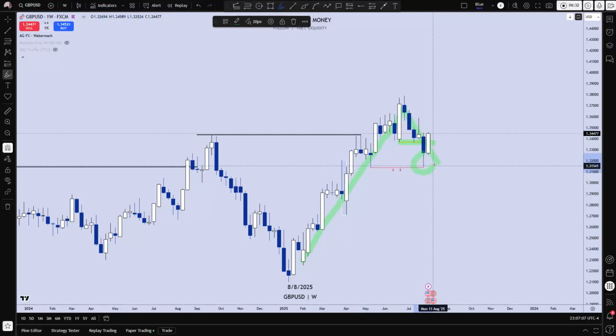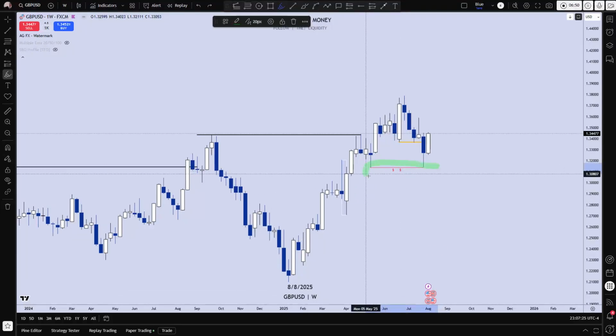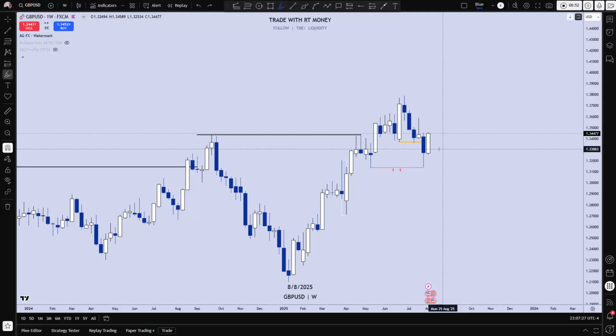When you see price close below that last manipulative leg of structure that goes up, and then once we go back the opposite way and close below it, that is a shift in the market. Got it? And we'll probably be heading towards these relative equal lows as a draw on liquidity.